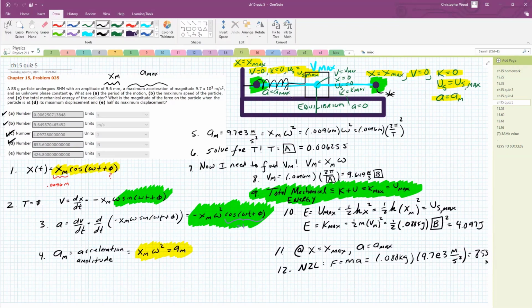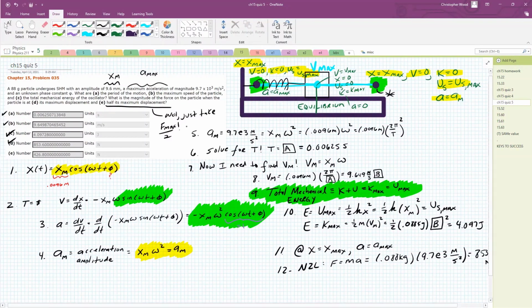Last one. What about at half displacement? So when you read this, what is the magnitude of the force when the particle is at half its maximum displacement? If you just said, well, just take F max and divide by 2, I don't know if I could give any credit for that, because there needs to be some justification.